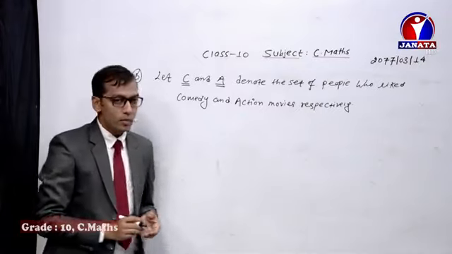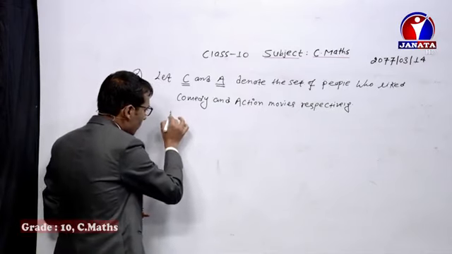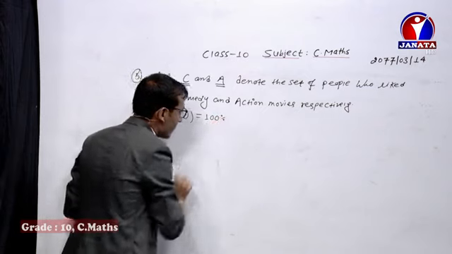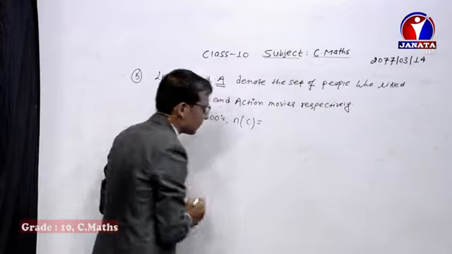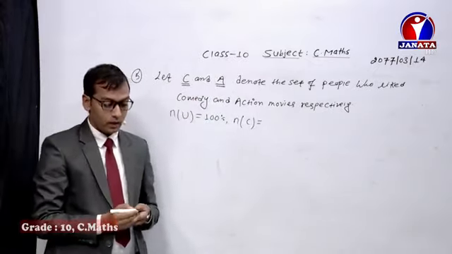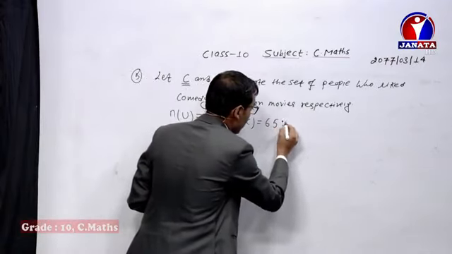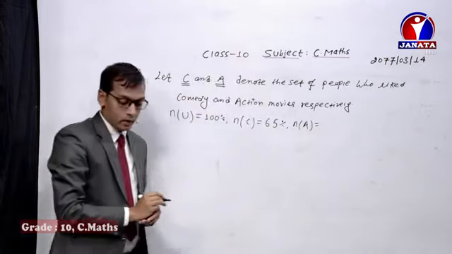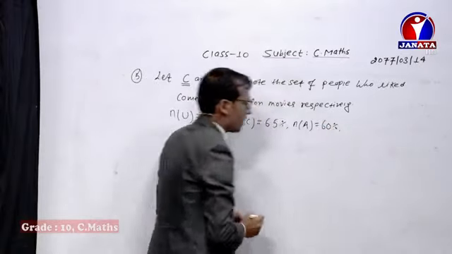After writing this, let's take the information given in the question. The question is in terms of percentage and number. So n(U) in terms of percentage is 100%. What is n(C)? 65% of them liked comedy movies, so 65%. What is n(A)? It's 60%.